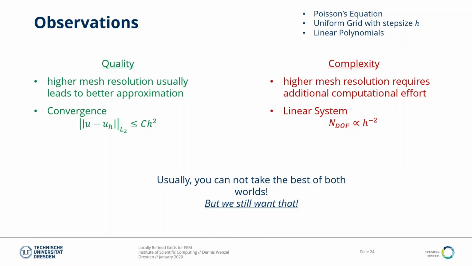You cannot have quality without also taking your complexity. But we still want to try and get at least in the direction of it. So we want to preserve as much quality as we can while still keeping the complexity down. And the way we do this is just like in the singularly perturbed problem cases.